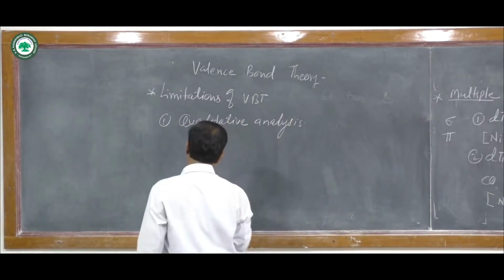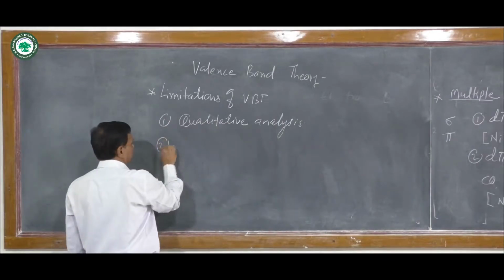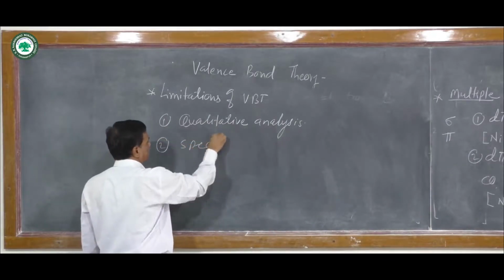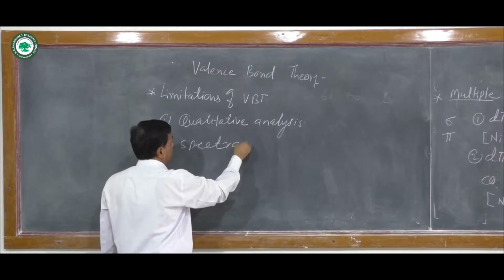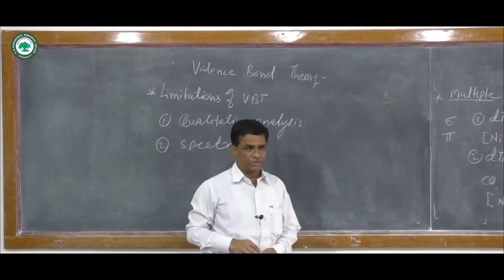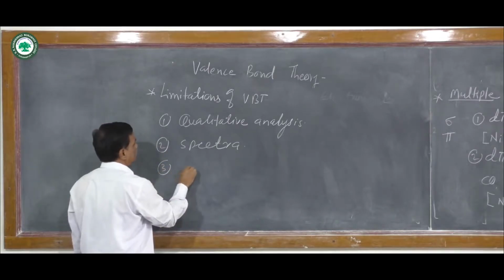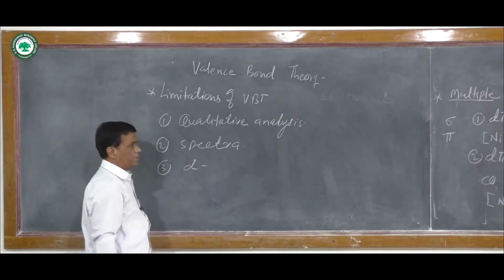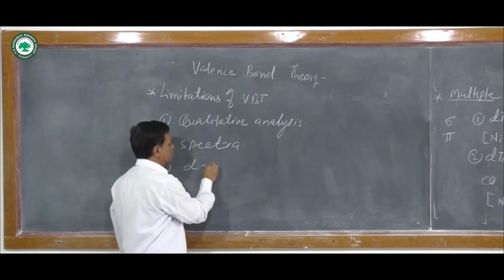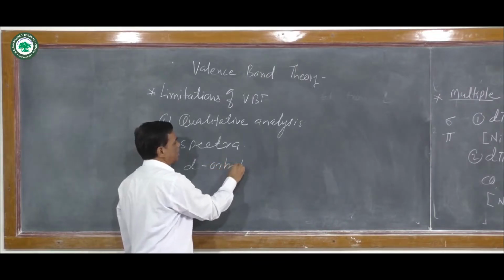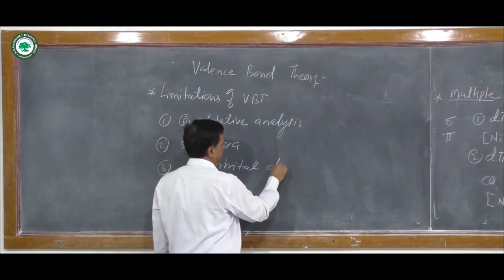Then second limitation is, spectra are not explained by valence bond theory. Then third limitation is, according to valence bond theory, all d orbitals are degenerate.